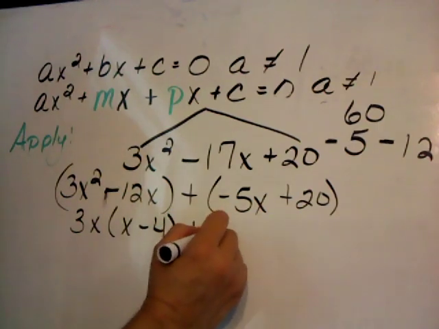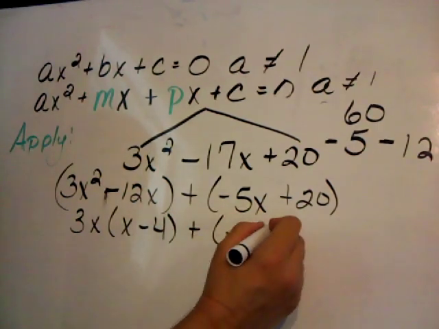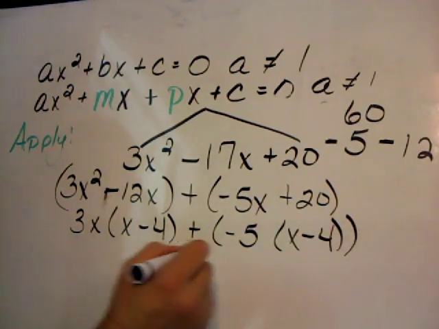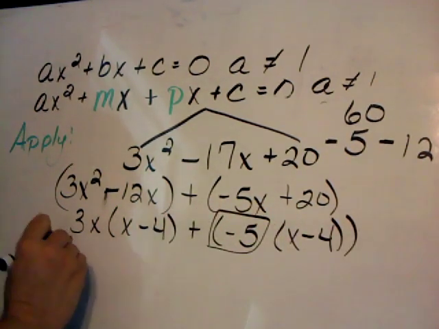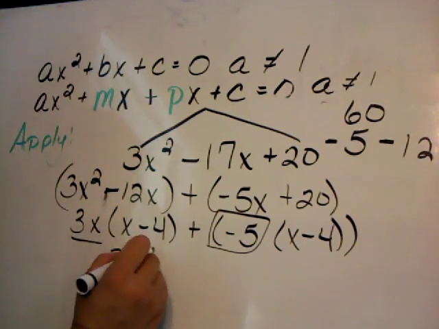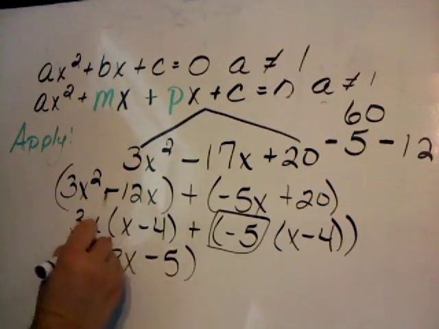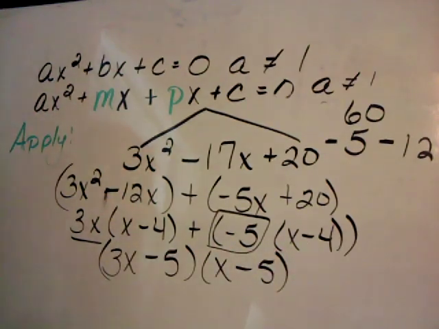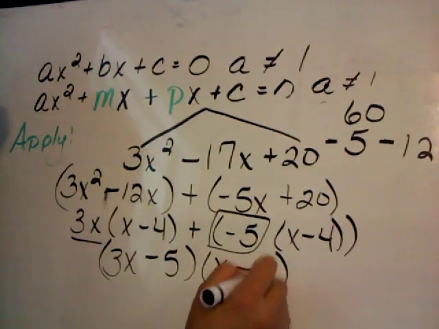I'm going to factor out a negative 5, which would leave me with x minus 4. And then I just need to group this together. So I have 3x minus 5 times x minus 4. Okay?